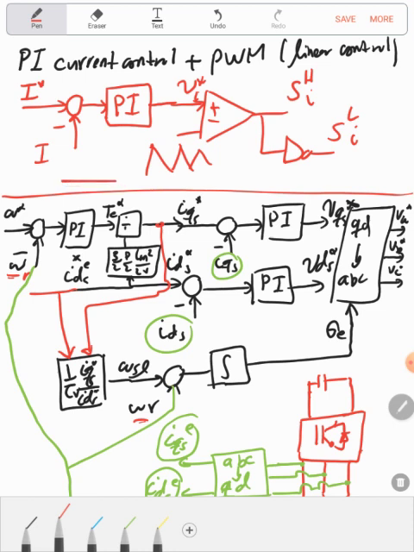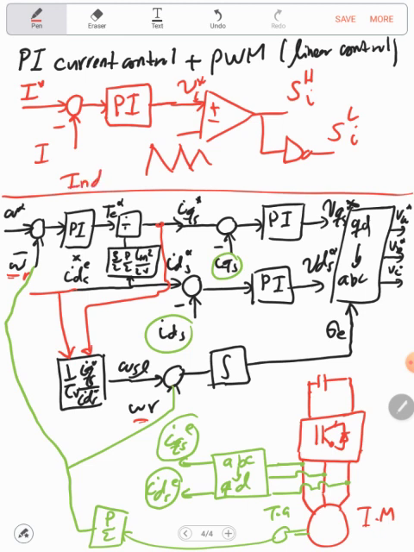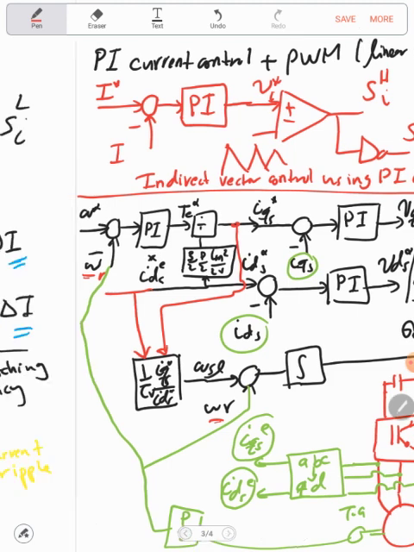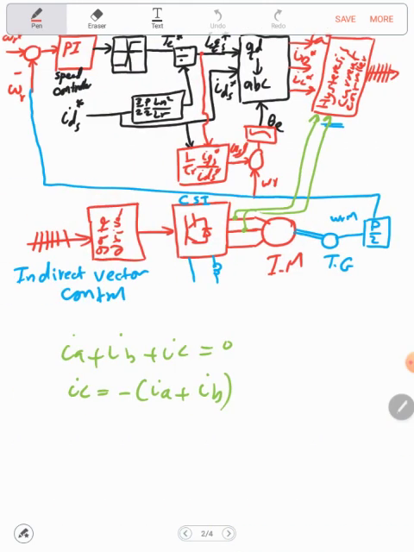This can be seen as indirect vector control using PI current control. Now this is a linear controller in terms of the current control, and the other is the nonlinear current control.